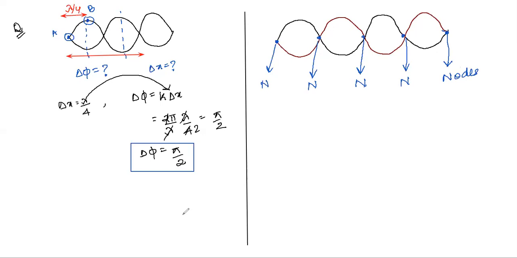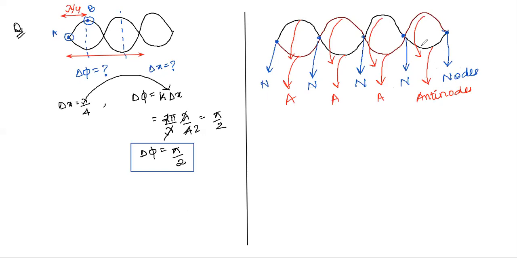Whereas these ones where amplitude is maximum are called antinodes. So this one is also an antinode basically. Yeah, please note it down, class.